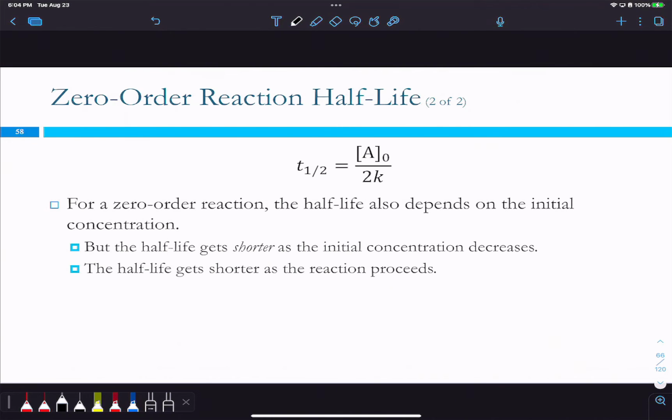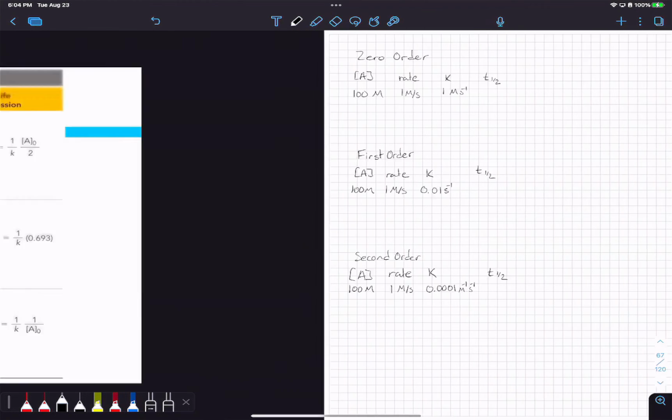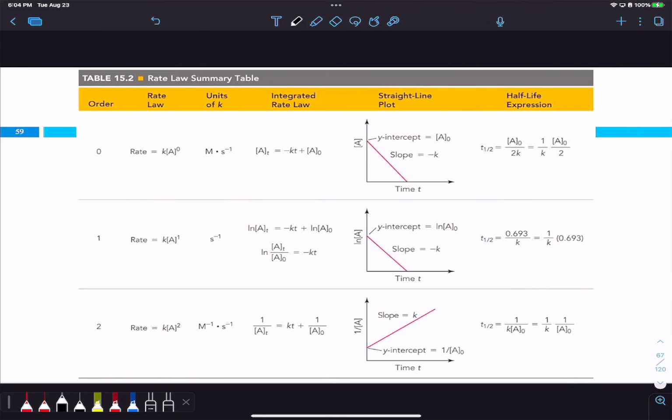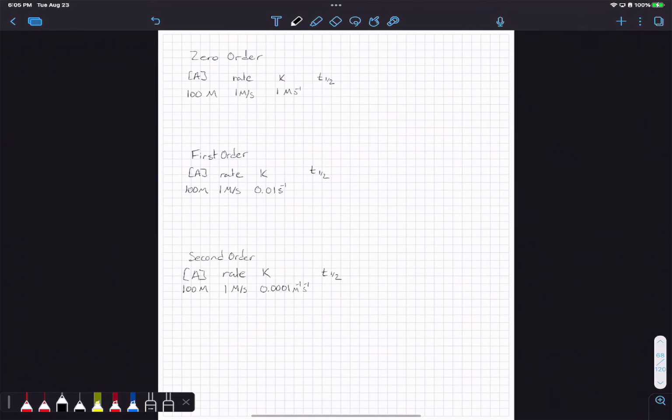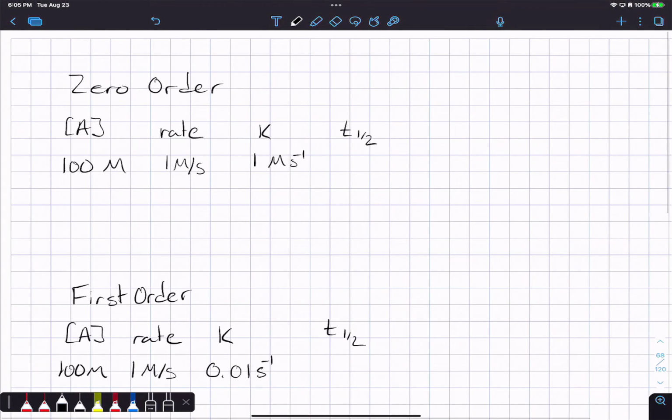So I was thinking about how do I try and make this more intuitive or help you guys see this. I guess I have it after this slide. This is a summary. But I just wanted to look at if we had some hypothetical reactions, right? So if we have a zero-order reaction, what's true about the rate in a zero-order reaction?